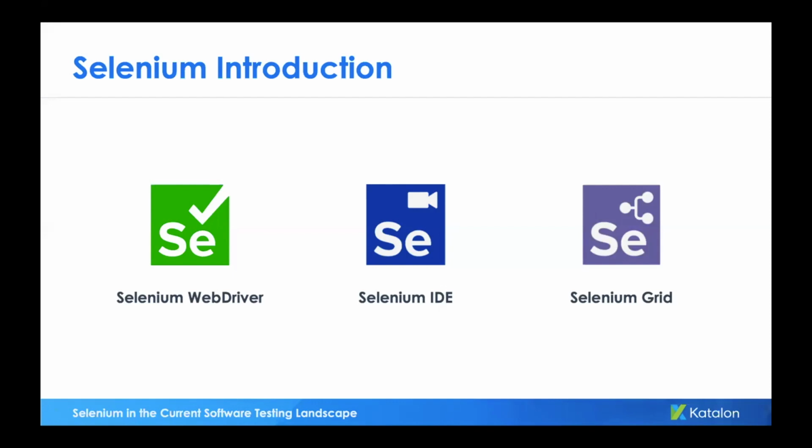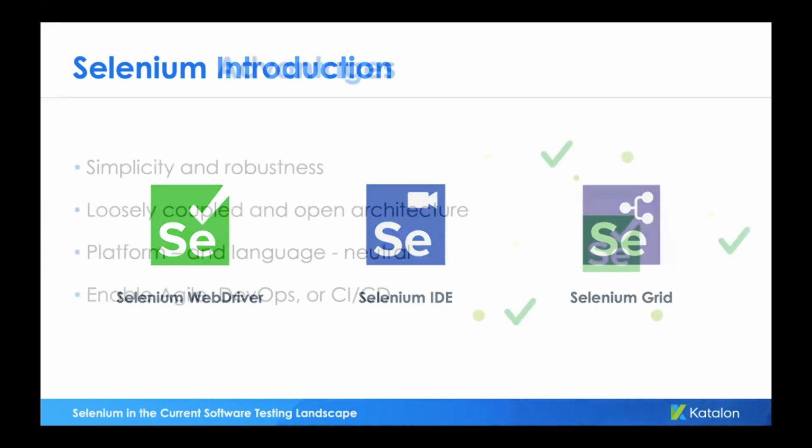Most of the time when testers speak of Selenium, they are mentioning the Selenium WebDriver. And Selenium ultimately is a widely adopted open source test automation platform with very comprehensive integration capabilities and flexibility for building up test suites. And more importantly, it is supported by a very strong and robust community base.